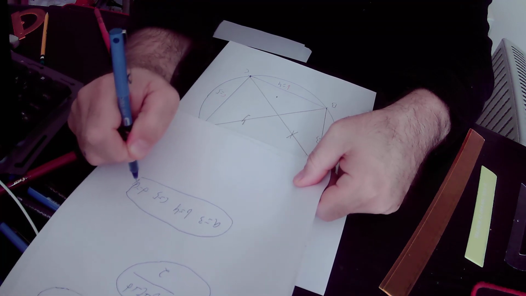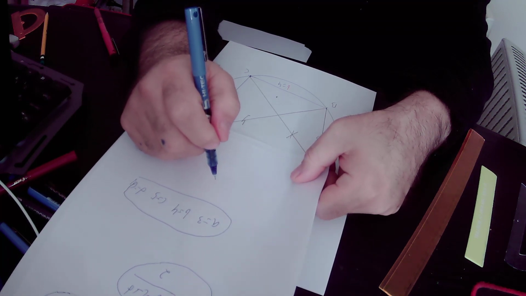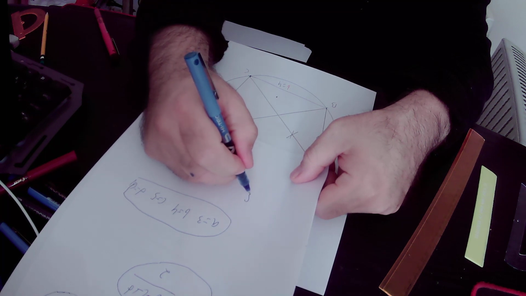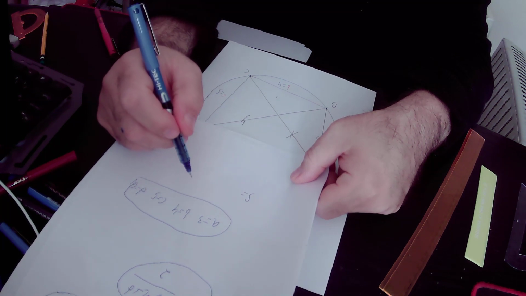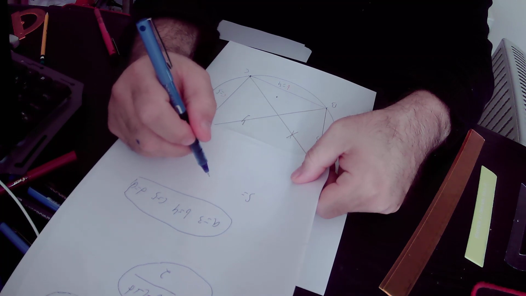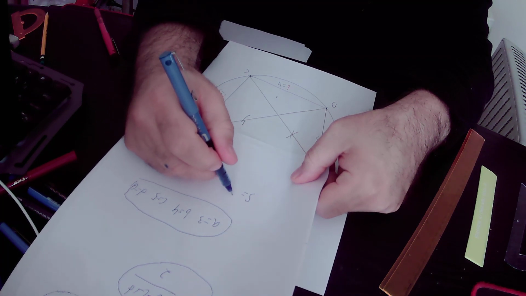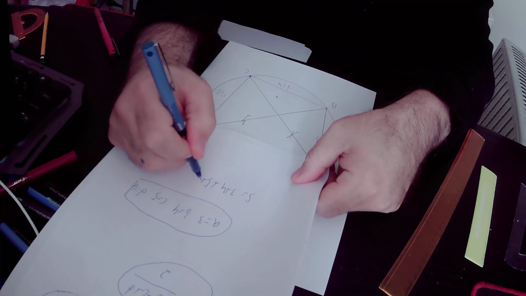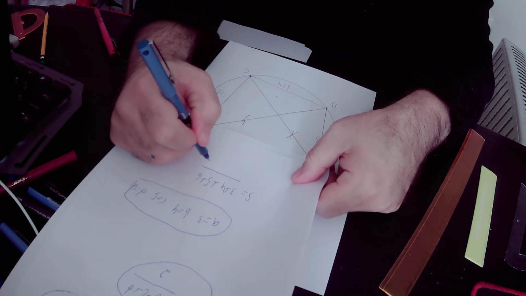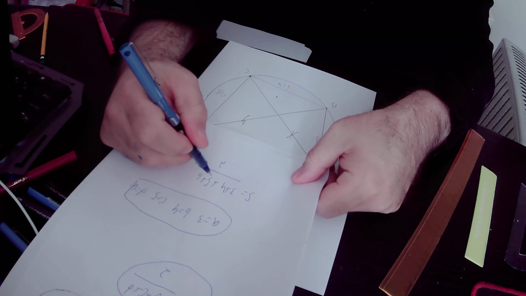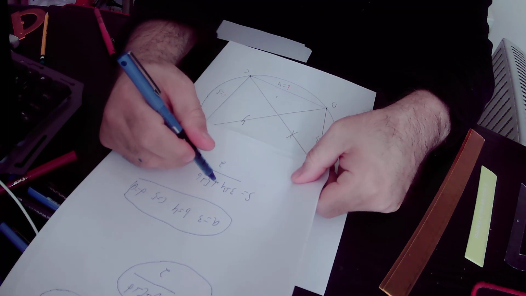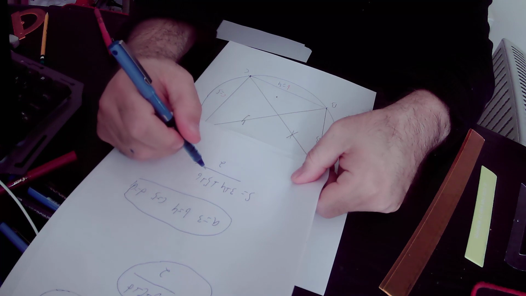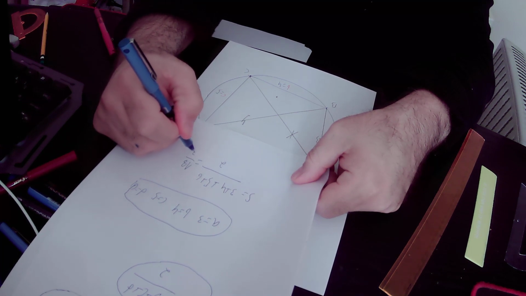Okay, so first of all, S will be equal to A plus B plus C plus D, which is 3 plus 4 plus 5 plus 6 over 2. 3 plus 4 is 7, 7 plus 5 is 12, and 12 plus 6 is 18. 18 over 2 is 9.